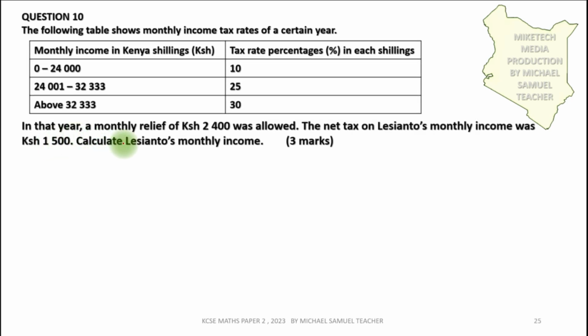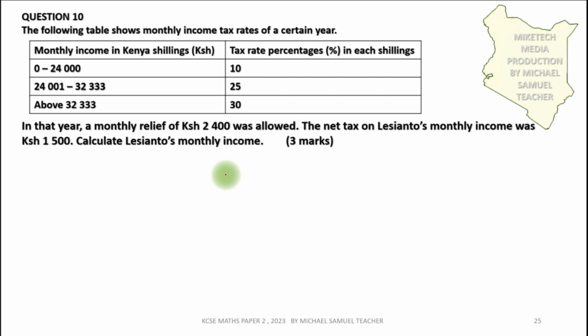In that year, a monthly relief of 2,400 was allowed. The net tax on the single monthly income was 1,500. Calculate Lesianton's monthly income.